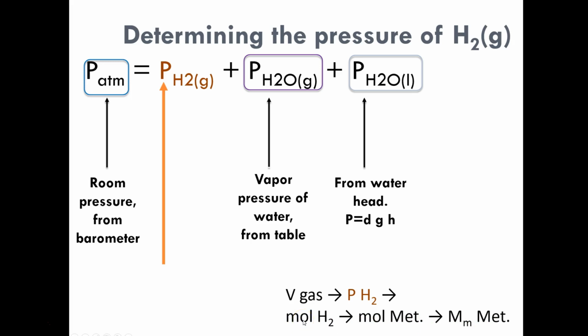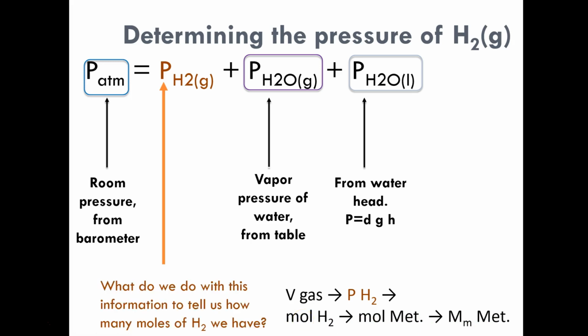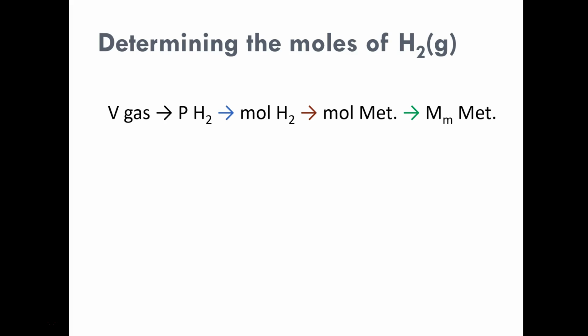So the question is, what do we do with this information to tell us how many moles of hydrogen gas we have? We're looking at this blue arrow here, trying to take the pressure of hydrogen gas and convert it into the moles of hydrogen gas.